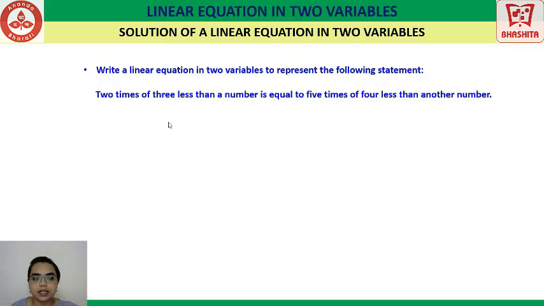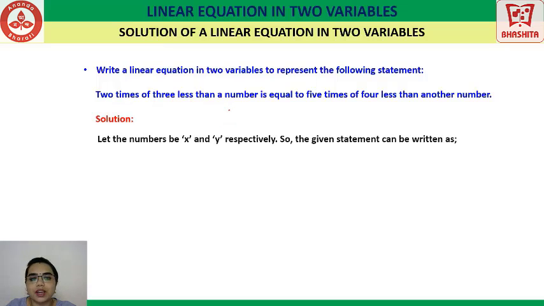Okay. The statement here is 2 times of 3 less than a number is equal to 5 times of 4 less than another number. So what do we have here? 2 times of 3 less than a number. Okay, if we take a number x, 3 less than x is x minus 3. So 2 times of x minus 3 is what we are talking about here.